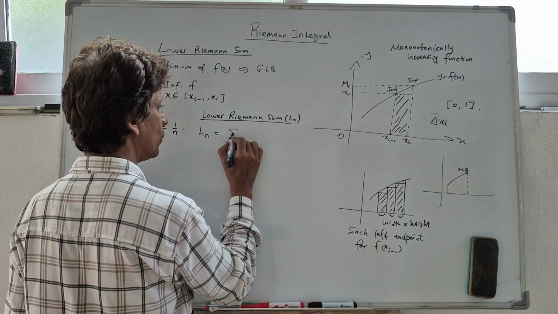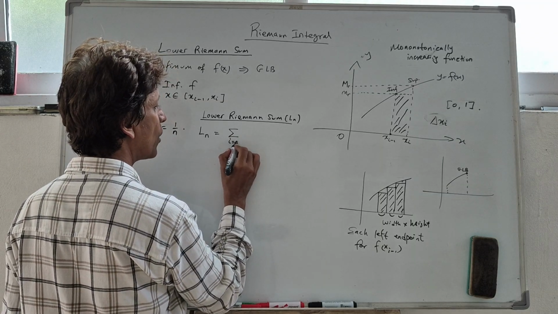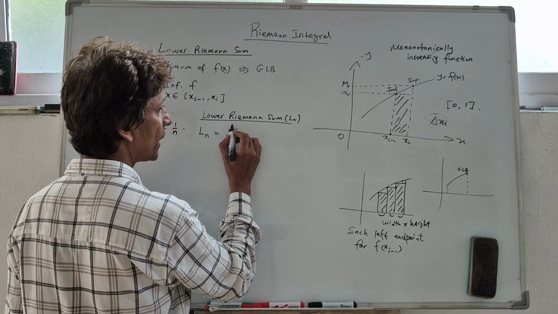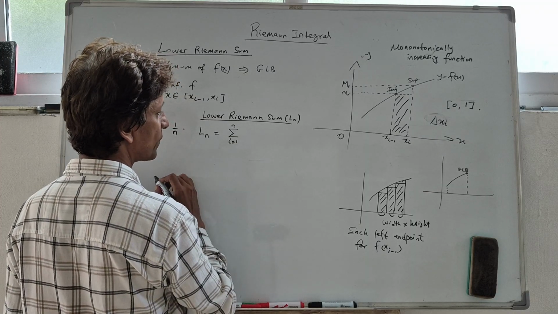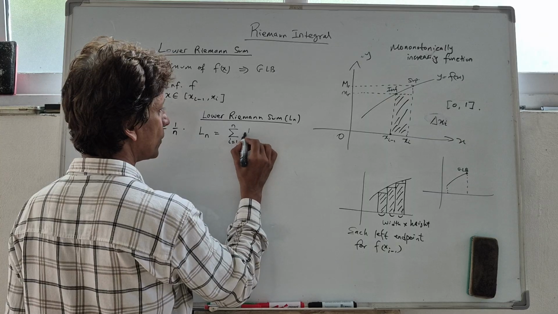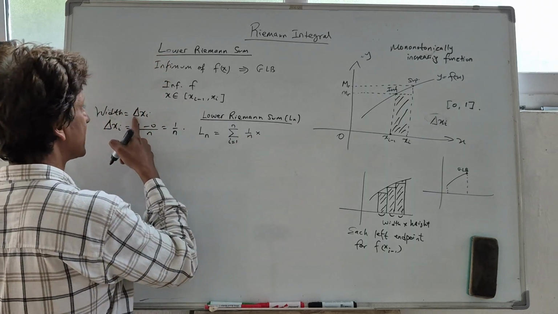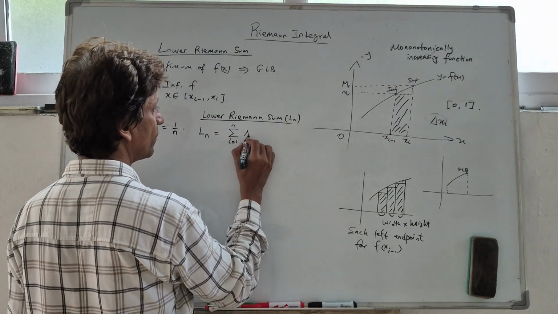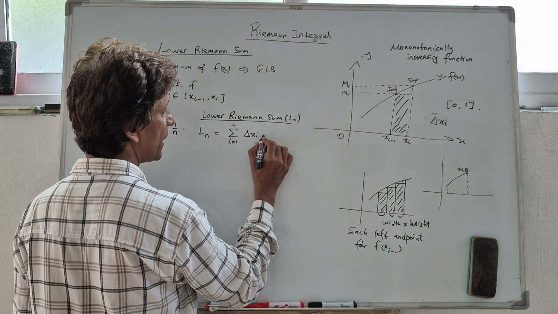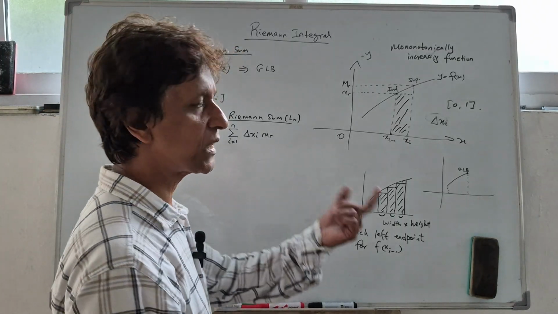So the sum with i going from 1 to n, and 1 over n is the width, so that's delta xi, multiplied by small mr. Why small mr?